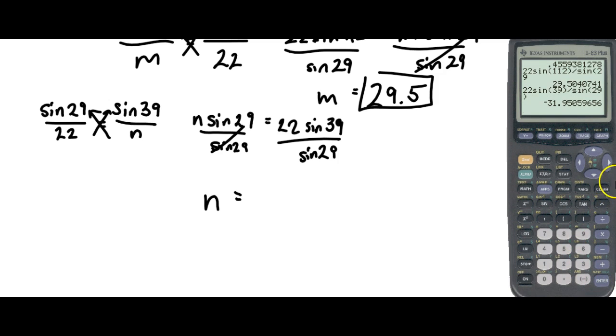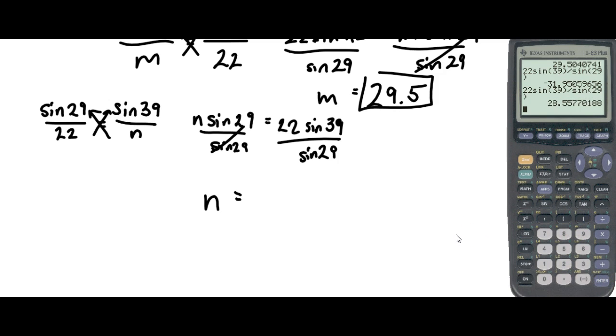I apologize. It appears I am actually in radians, and I even said to make sure that you weren't in radians, but let's try this one again real quick. 22 sine of 39 over sine of 29.